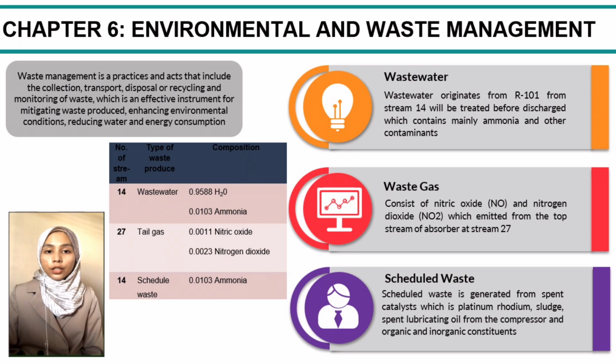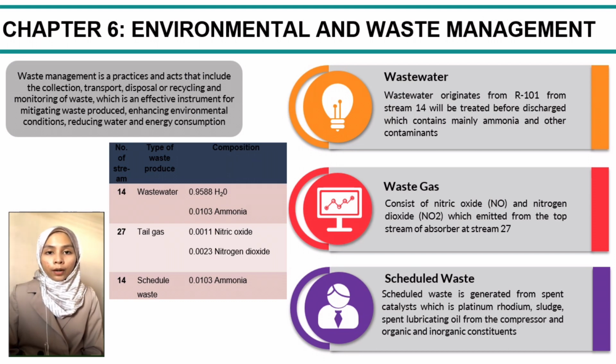Essentially, there are three types of waste produced from this nitric acid plant. First, wastewater. Wastewater is generated from the reactor R101 at the bottom stream of stream 14 and consists mainly of ammonia and other contaminants.